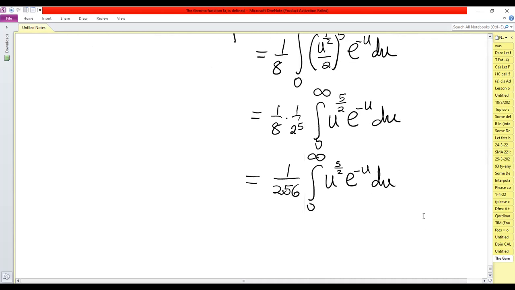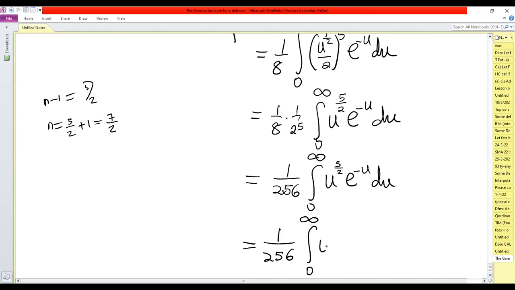And then rewrite this power of u in the form n minus 1. So n will be given by 5 over 2 plus 1, which is 7 over 2. So this is the same as 1 over 256 integral 0 to infinity u raised power 7 over 2 minus 1 e raised power minus u du.